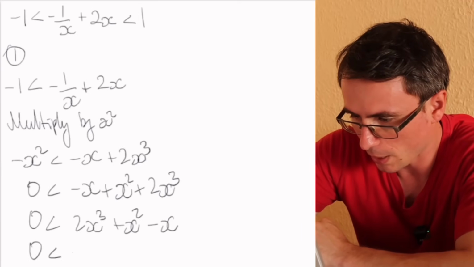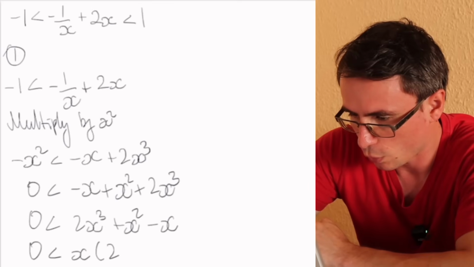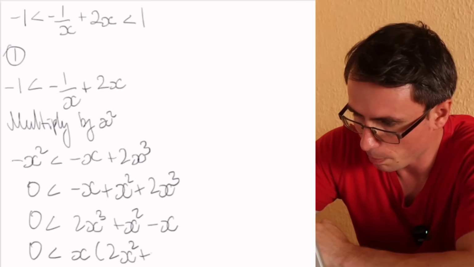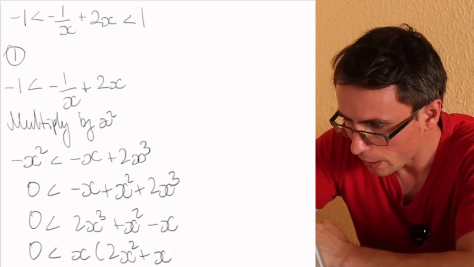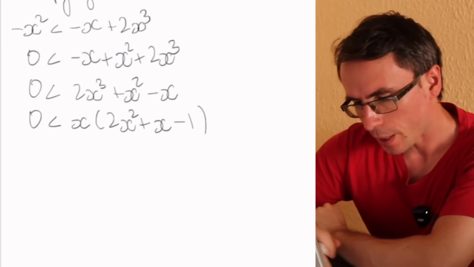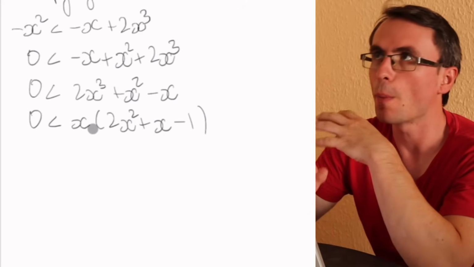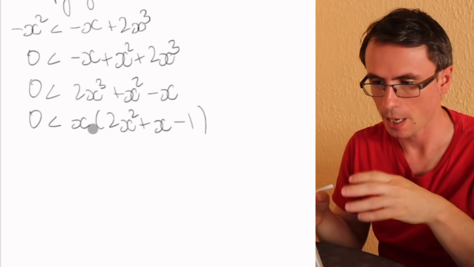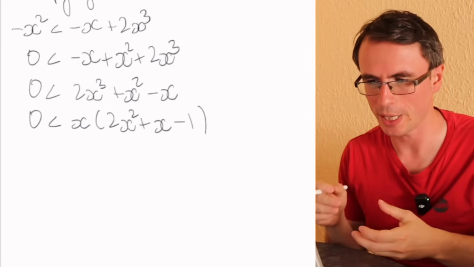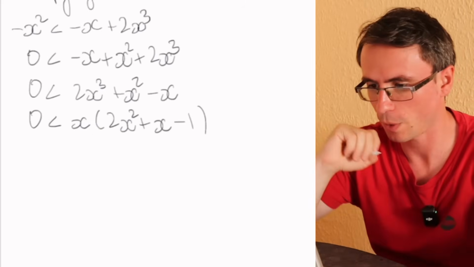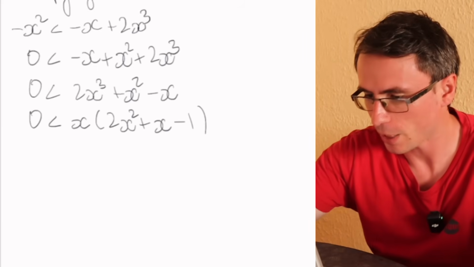So 0 has to be less than x times (2x squared plus x minus 1). So now we actually have x which multiplies a quadratic, and what we really want to do is find the roots of this quadratic. So we can just factorize that.